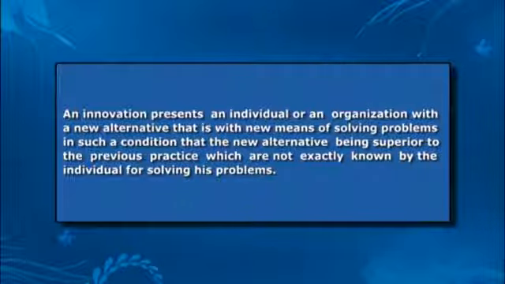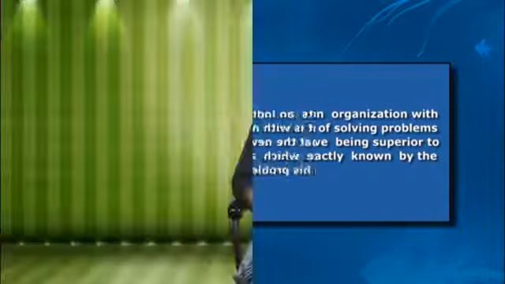An innovation presents an individual or an organization with a new alternative, with new means of solving problems, in such a condition that the new alternatives, being superior to the previous practice, are not exactly known by the individual for solving his problems.